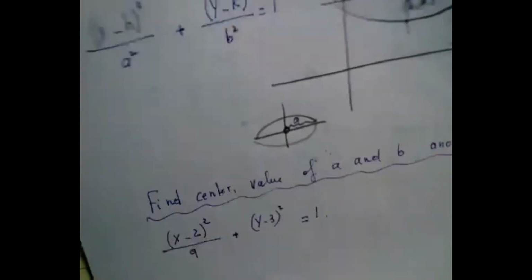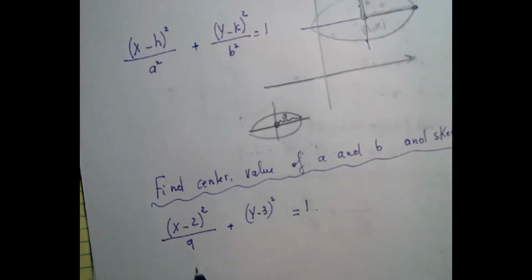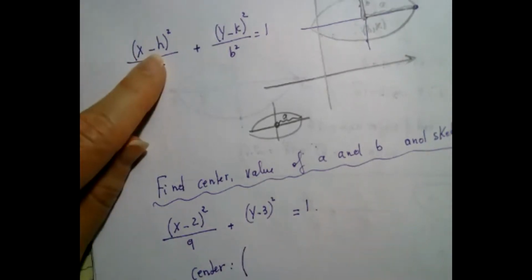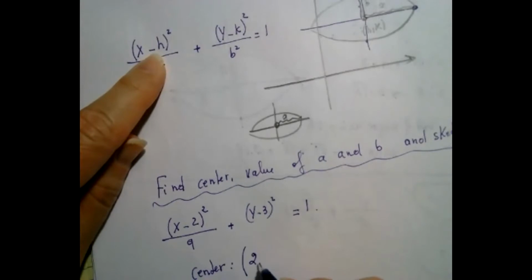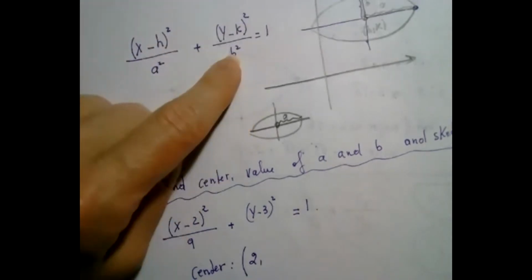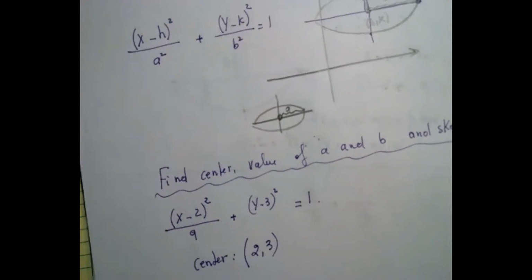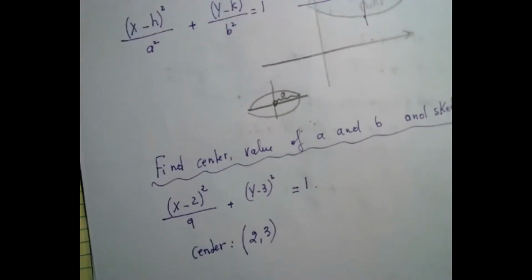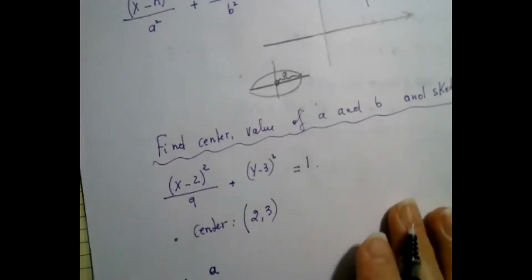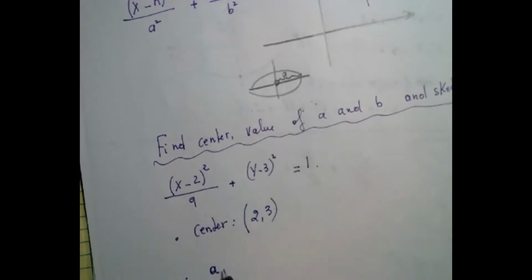So by analogy, let us figure out the center here. What's playing the role of h? It is 2. Y minus k, my k is 3. So that's the center of my ellipse. Now I want the A and the B. So what's my A and what's my B?